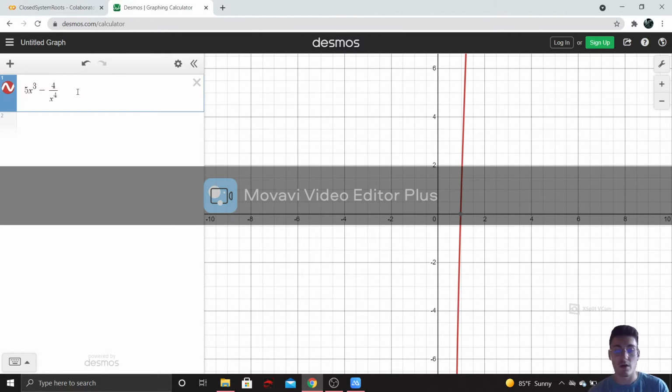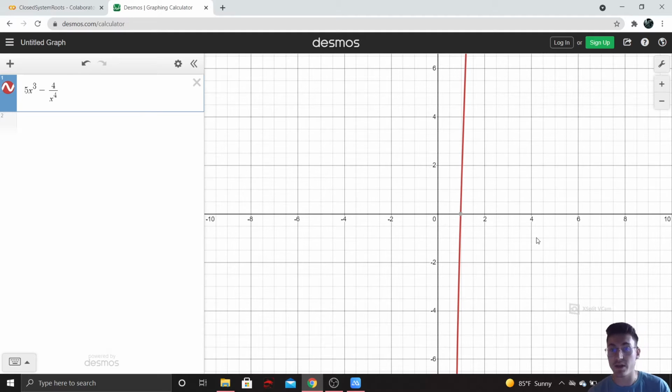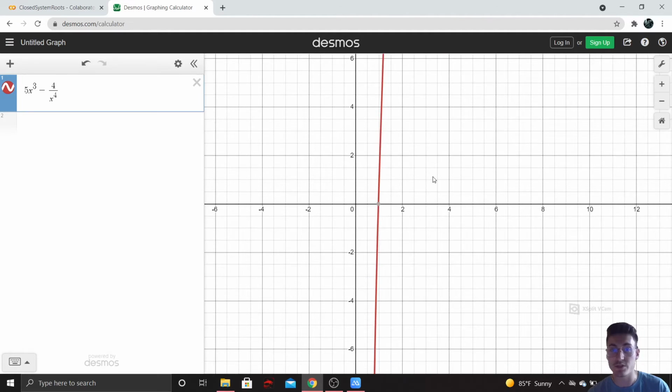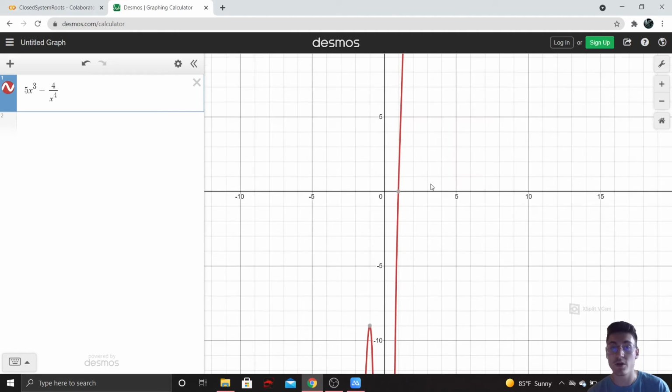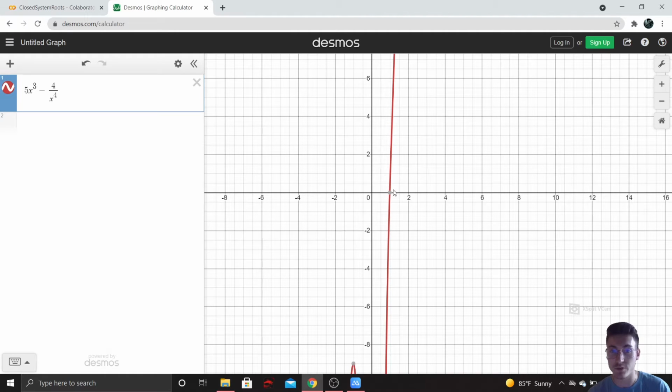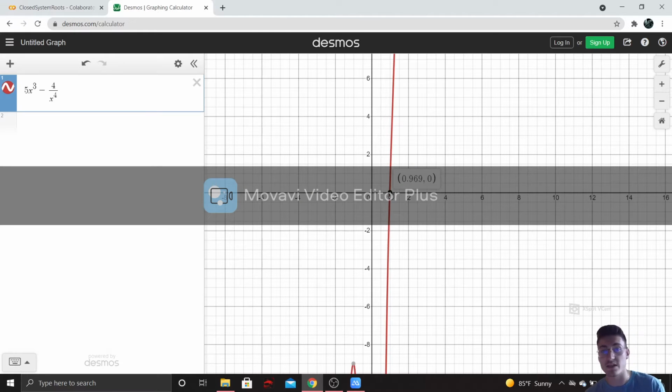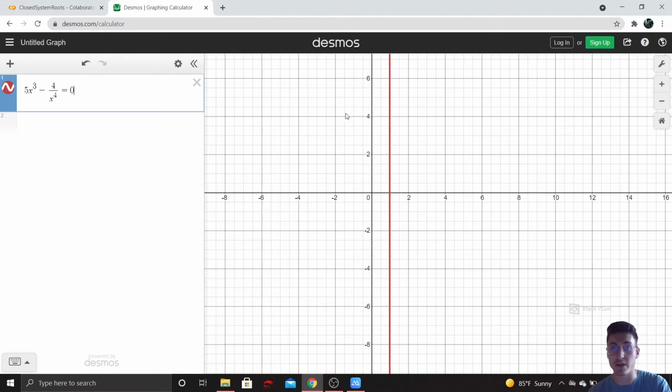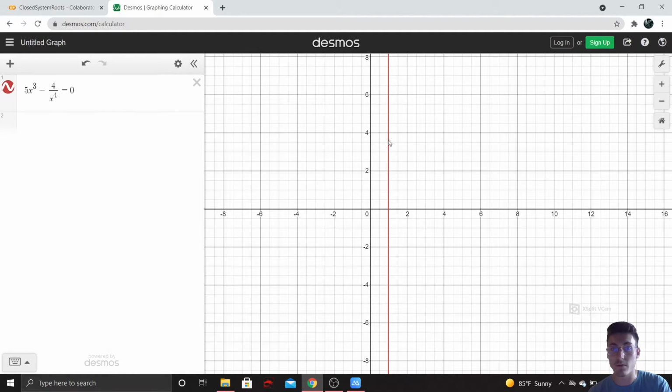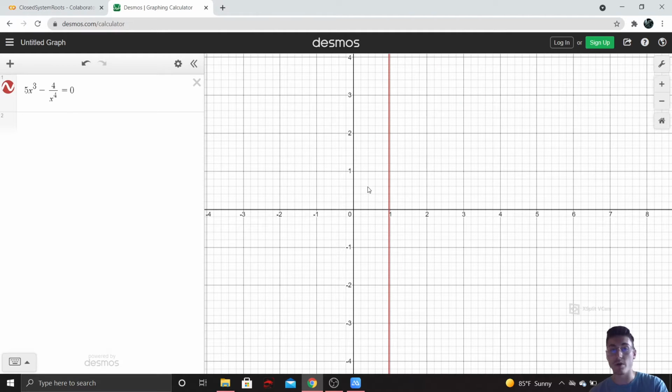So we can see right here that this equation goes all the way down to 0. Essentially what we're saying is, for this equation to equal 0, x has to be 0.969. We can put this in right here, and we get a straight line saying that x is always going to be 0.969.